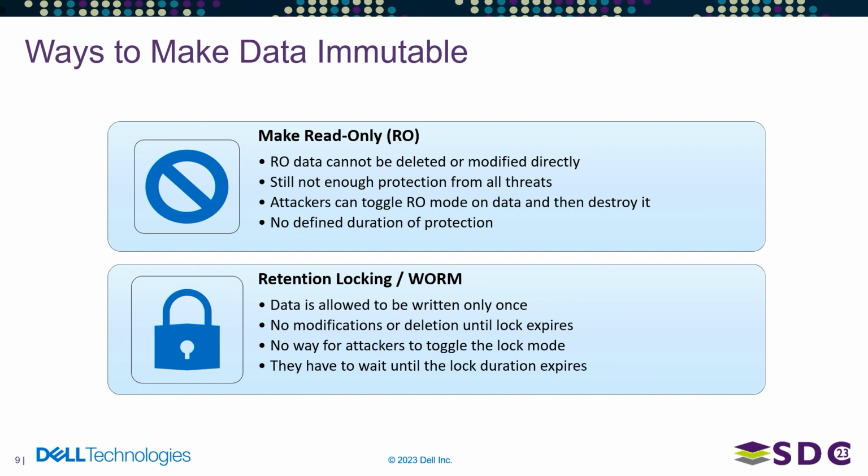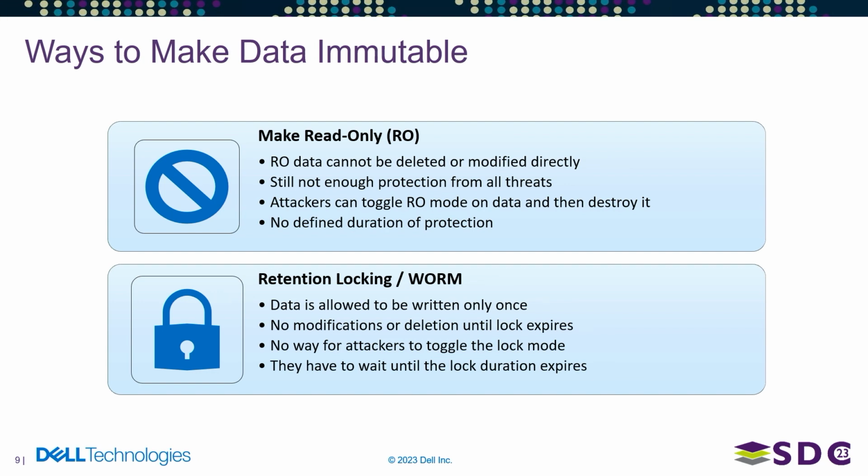And there is also no duration associated with this read-only, because remember when I talked about the regulations, the regulations always come with duration, 3 months to 7 years or whatnot. They want, for that duration, the data to be read-only, immutable, but after that, that data can be deleted. So that's why most file systems or storage systems implement what is known as retention locking.